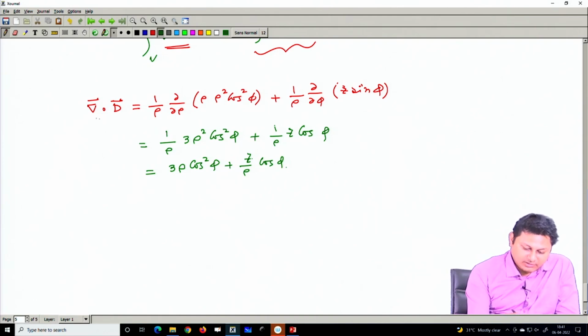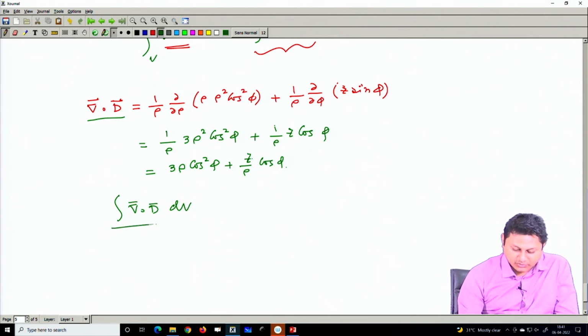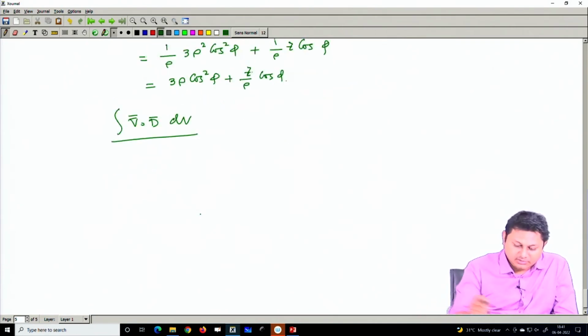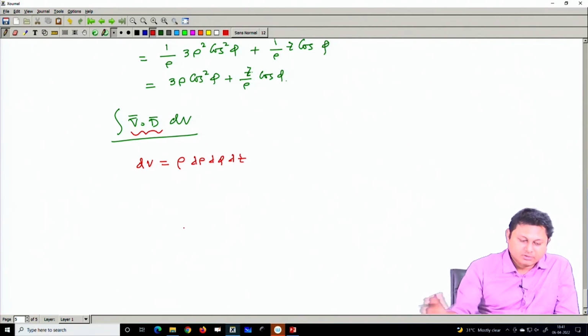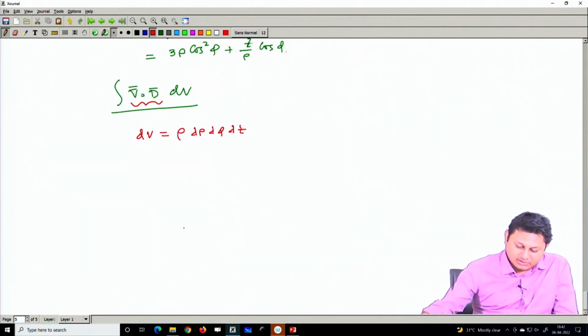So, dV, you need to calculate this quantity over dV. So, dV is a volume element in cylindrical coordinate system, and it should be rho d rho d phi dz. This is the volume element. Okay. So, now I calculate the total volume integral.